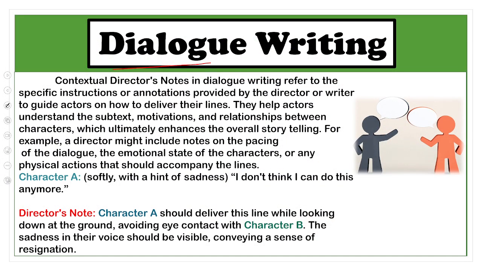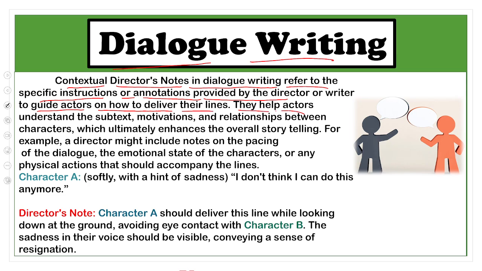Next is dialogue writing. Contextual director's notes in dialogue writing refer to specific instructions or annotations provided by the director or writer to guide actors on how to deliver their lines.